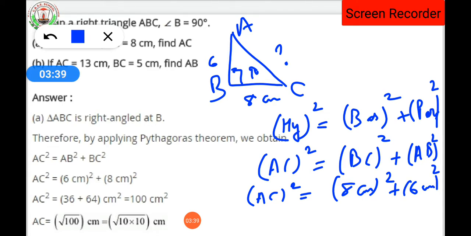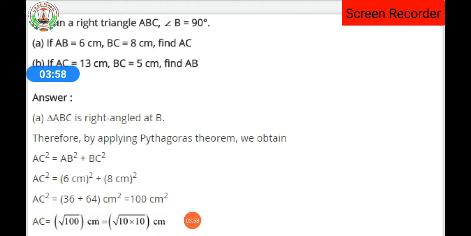Now as it is a square, so 8 into 8 will be equal to 64. 8 8s are 64, centimeter into centimeter, that will be centimeter square, plus 6 into 6 is 36, centimeter into centimeter, that means centimeter square. So 64 plus 36 centimeter square. Now what you have to do, student?